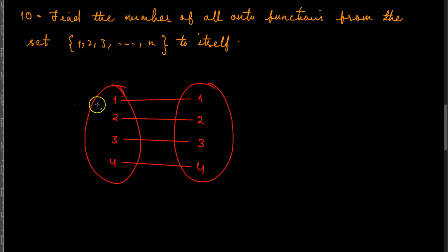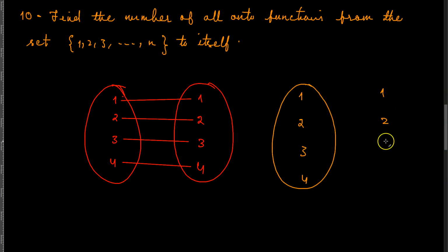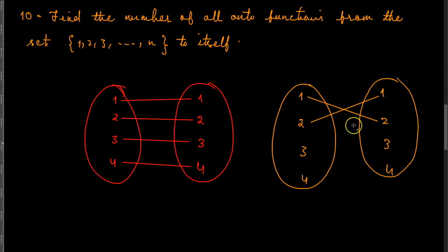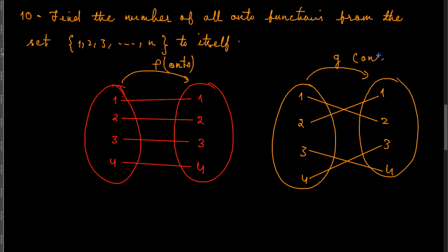Or I could do it this way: 1 is mapped to 2, 2 is mapped to 1, 3 is mapped to 4, and 4 is mapped to 3. This is also onto. So if I call the first function f, this is onto. If I call this function, for example, g, this is also onto, because all of these elements are images of some element in the domain of the function.